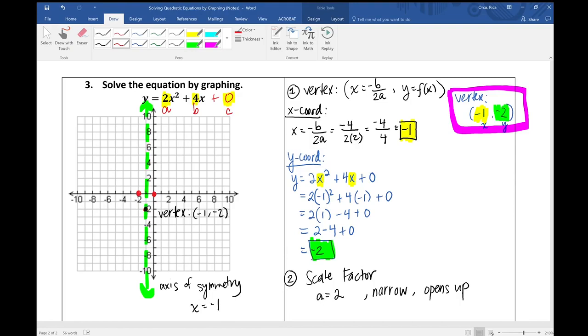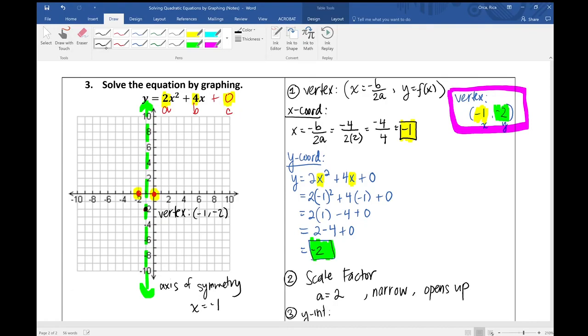Notice how we got really lucky, because if you look at the graph, our x-intercepts are on the x-axis, which means that we're practically almost done. So I'm going to highlight my x-intercepts and then continue the problem. So I've labeled the axis of symmetry. Let's find the y-intercept.